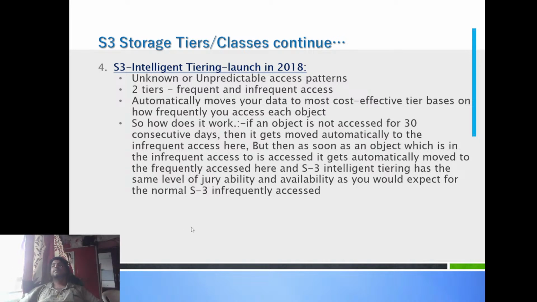In this case, if you are not sure what your data pattern is, how frequently you are using the data, or whether you are not using the data that frequently, and you are not sure about the frequency pattern, then you let Amazon decide on your behalf using an AI tool which analyzes your data, according to how many times each object in your S3 bucket was accessed in the last 30 days.